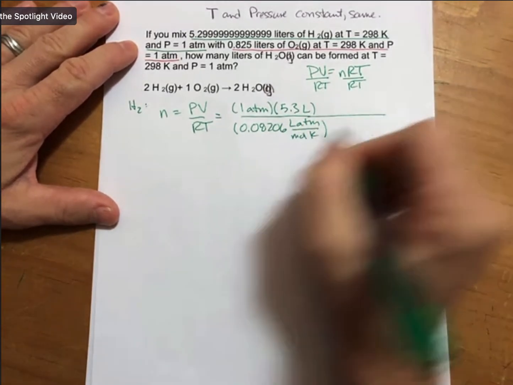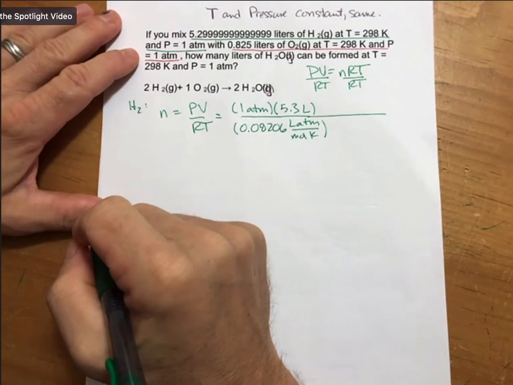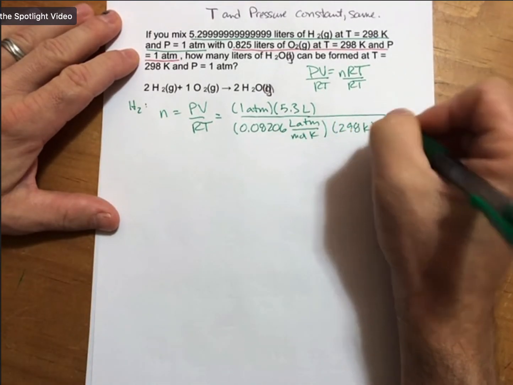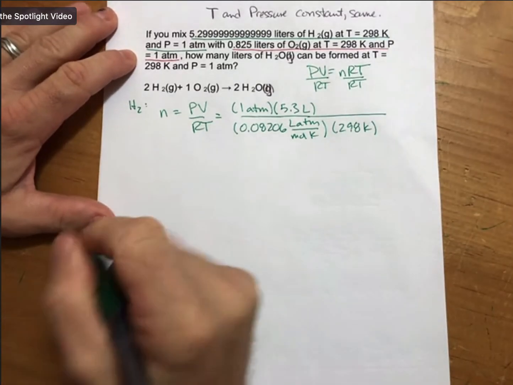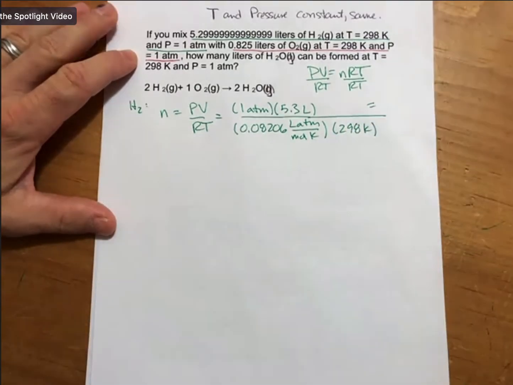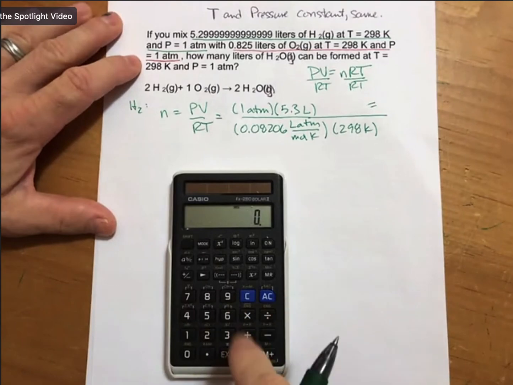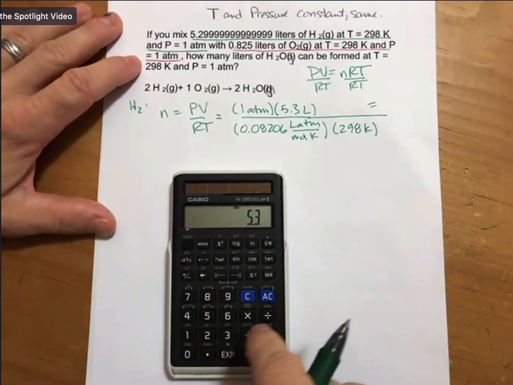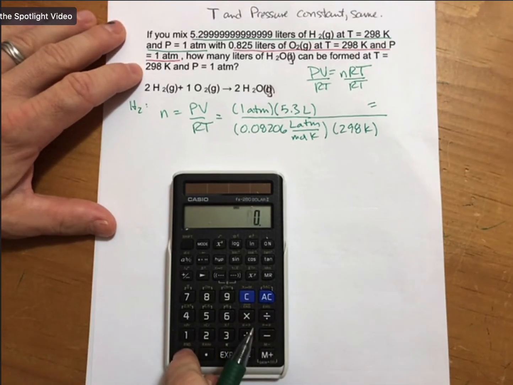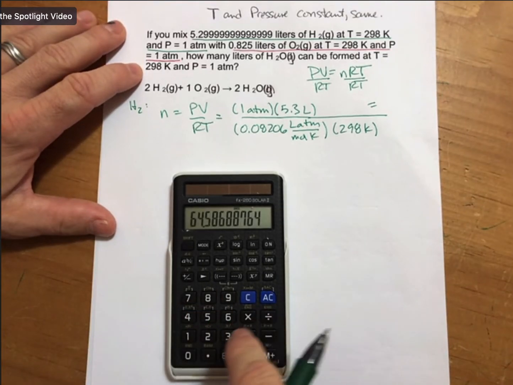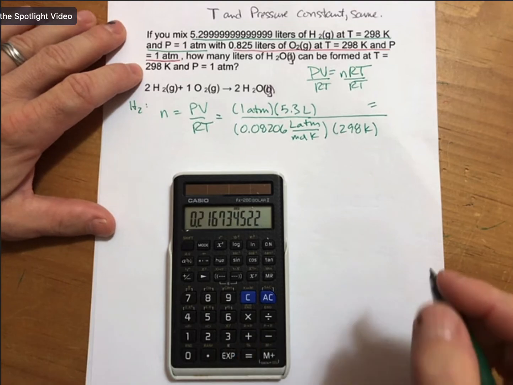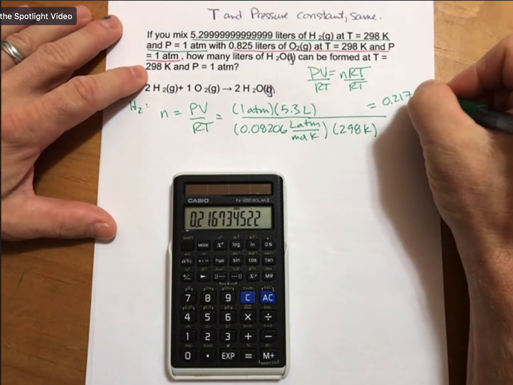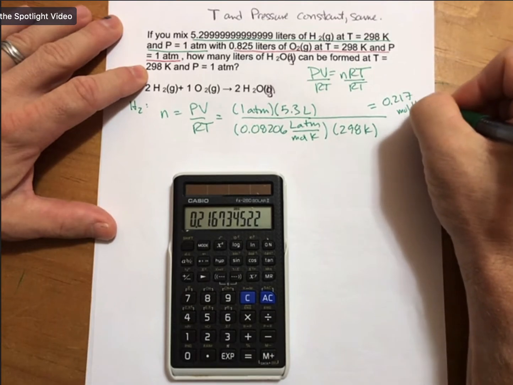And it looks like I need my line to be a little longer because my temperature is 298. And 1 times 5.3 divided by 0.08206 divided by 298 is 0.217 moles of hydrogen.